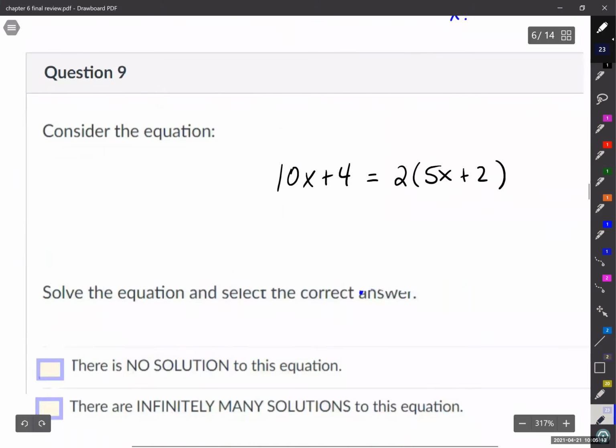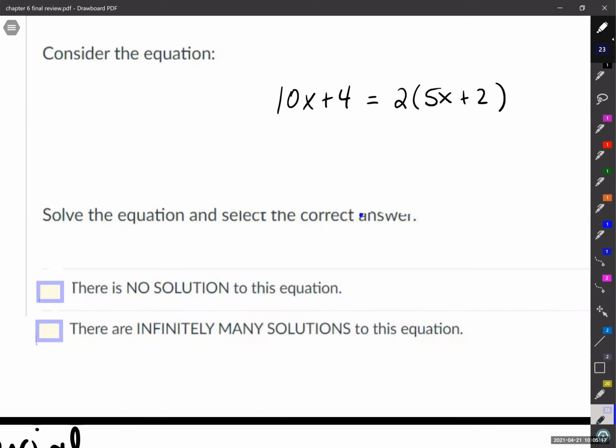You would similarly consider this one. Now we might notice right off the top of the bat that whenever we distribute, we get exactly the same thing on the other side.